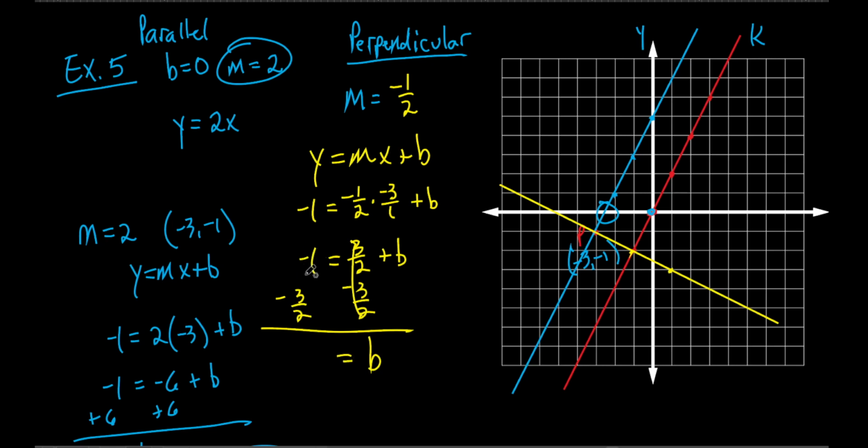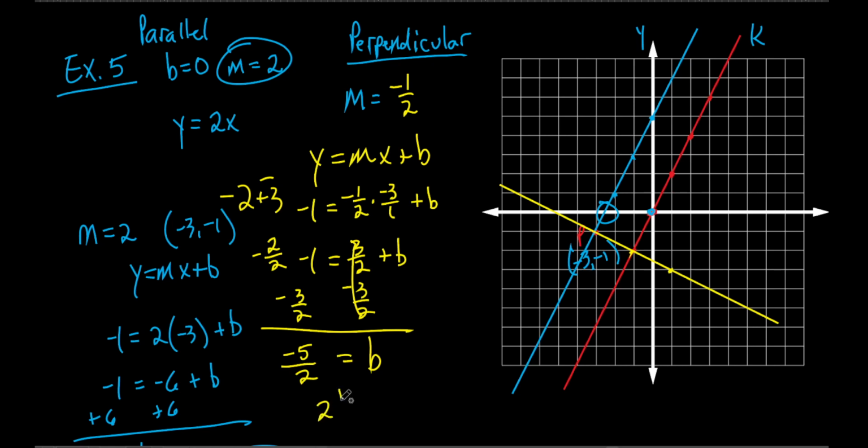Let's rewrite -1. How are we going to write that? Negative 2 over 2, right? Because you've got a denominator of 2. So what's -2 minus 3? It's -5. So it's -5 over 2. That's the y-intercept. What is -5 over 2?